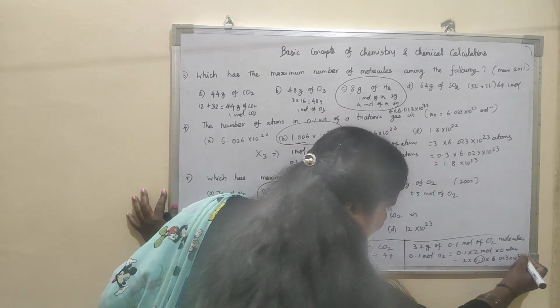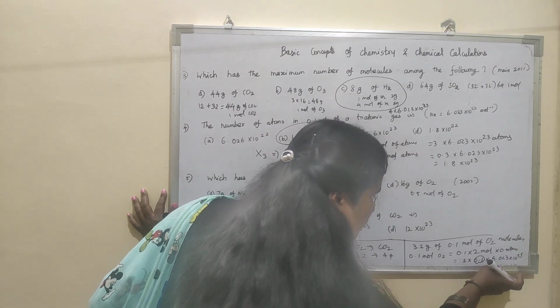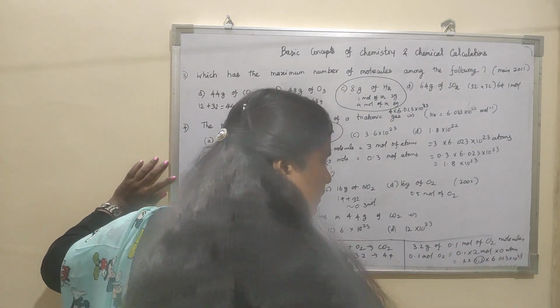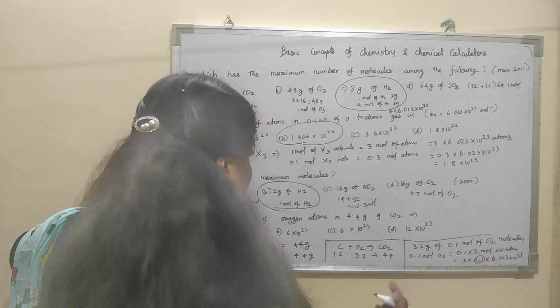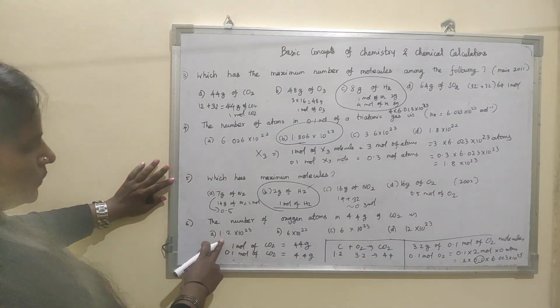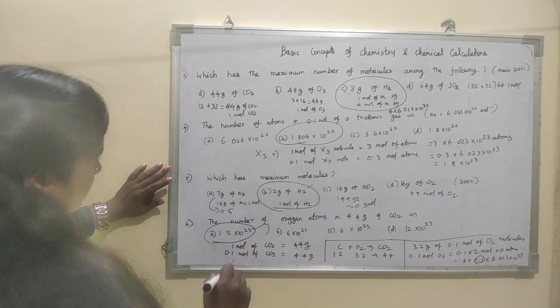So this 0.1 cancels the 23 and it becomes 22, so 2 sixes are 12, so 12 into 10 to the power 22, or if you make it, 1.2 into 10 to the power 22. So this is the answer.